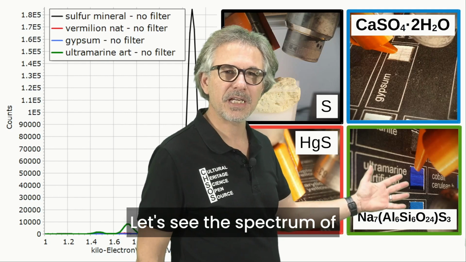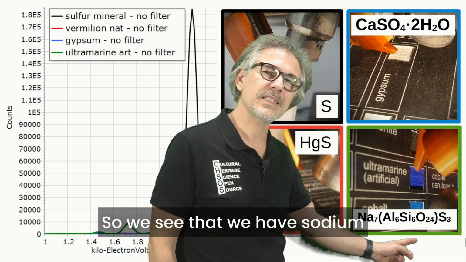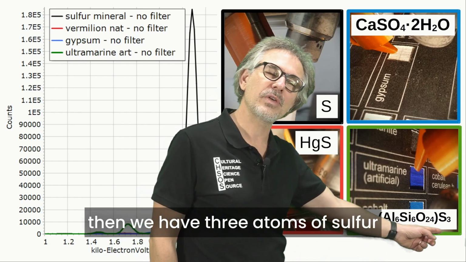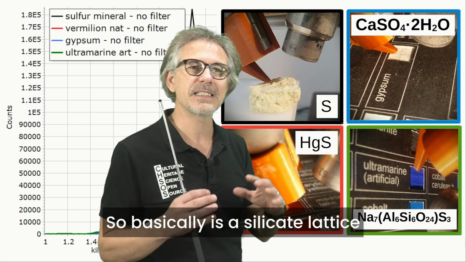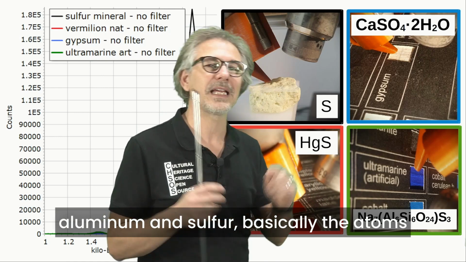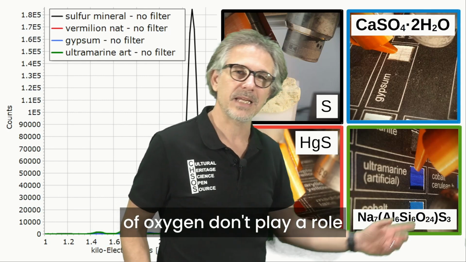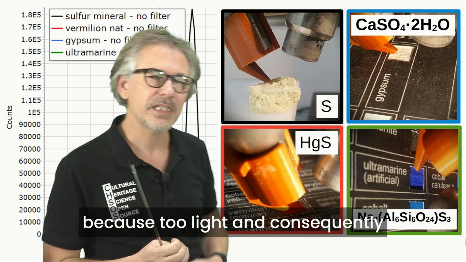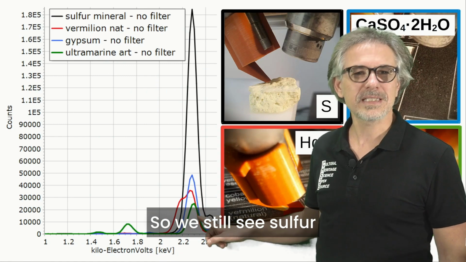Let's see the spectrum of artificial ultramarine. Again, this is the formula, so we see that we have sodium, aluminum, silicon, and then we have 3 atoms of sulfur over there. So it's a silicate lattice where there is also sodium, aluminum and sulfur. The atoms of oxygen don't play a role in XRF spectroscopy because they are too light, and consequently the spectrum that we get is the green one over here, so we still see sulfur.